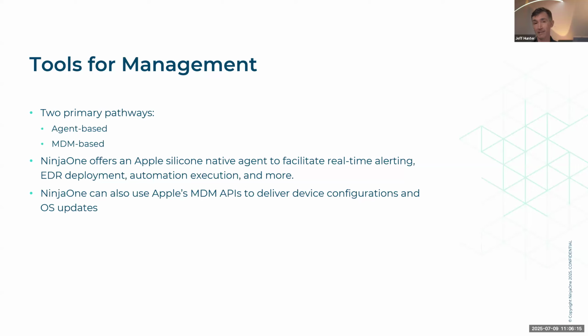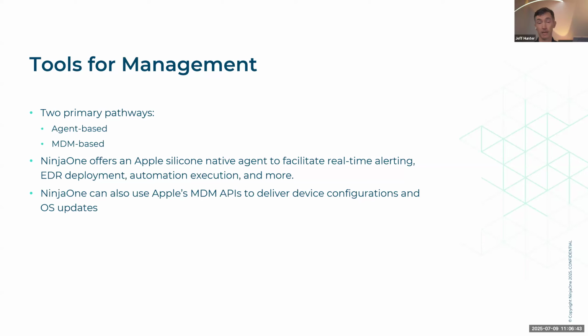But again, Apple has been insistent that there are certain things, like patching, for example, the privacy preferences and the system extensions, that they do not want to allow an agent to undertake. Their preference is that you use an MDM to enforce those settings. And so what Apple has done is they've locked certain functionality to only really be feasible through the MDM APIs.